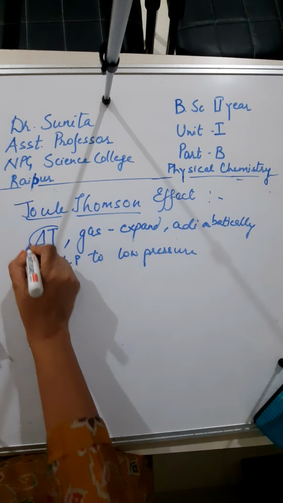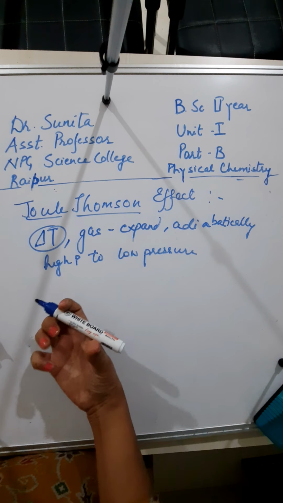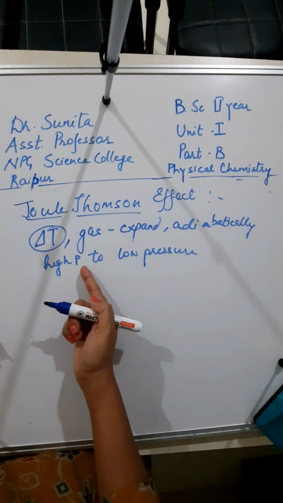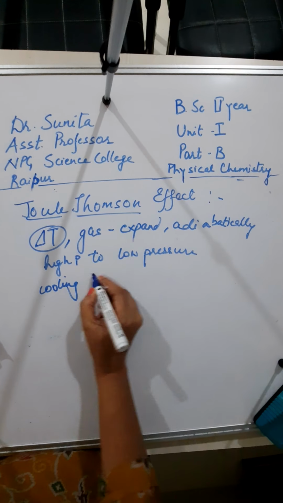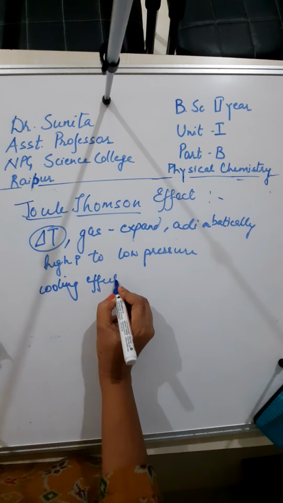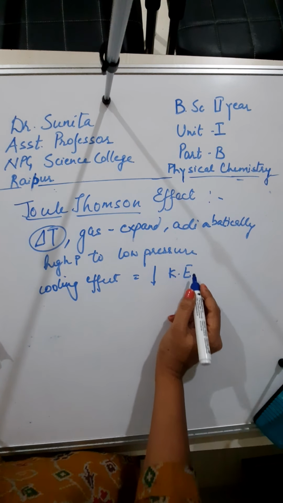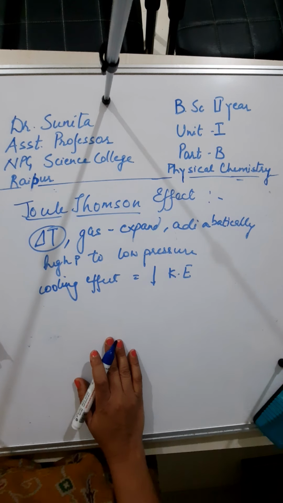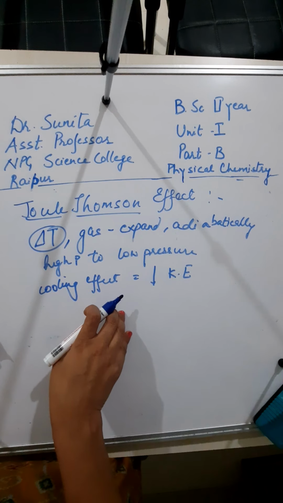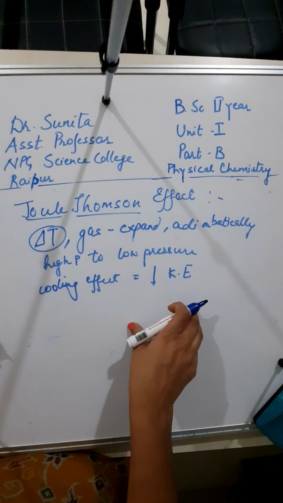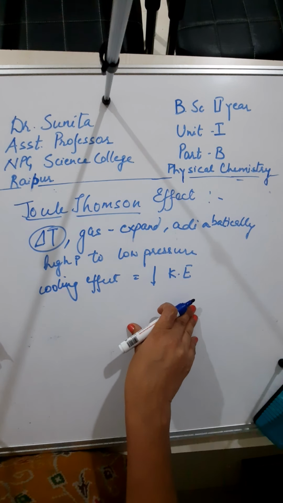And this change in temperature, this cooling effect, the decrease in the temperature which we get due to this expansion, is due to the decrease in the kinetic energy of the gaseous molecules. Because a part of the energy is used in overcoming the van der Waals forces of attraction that exist between molecules during expansion.